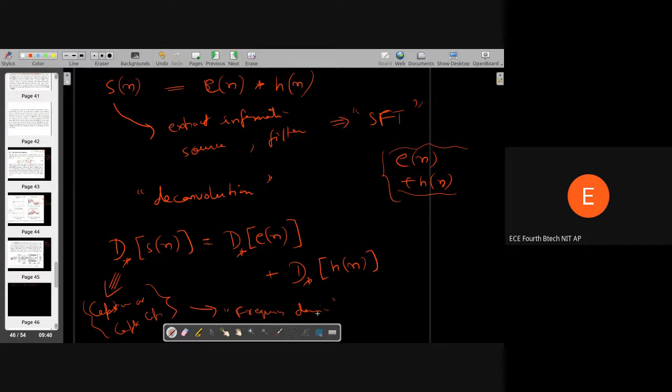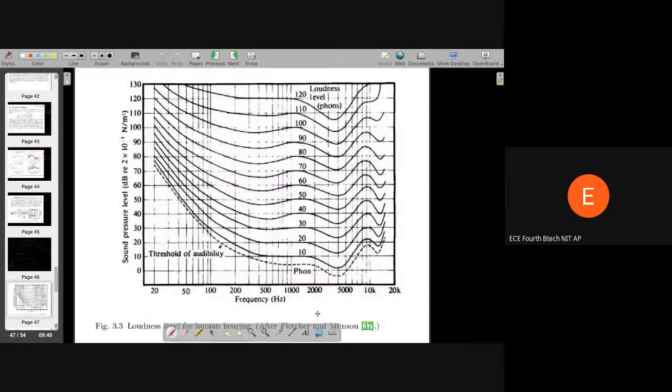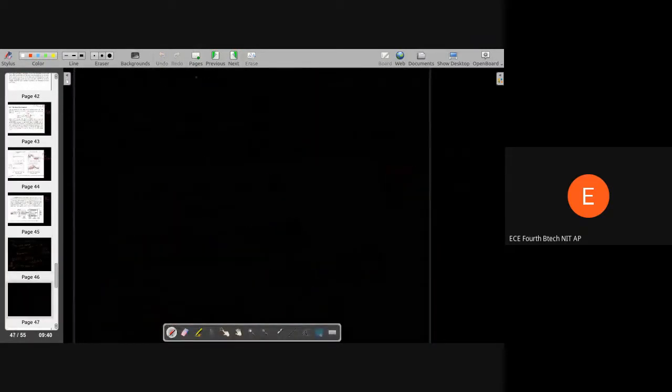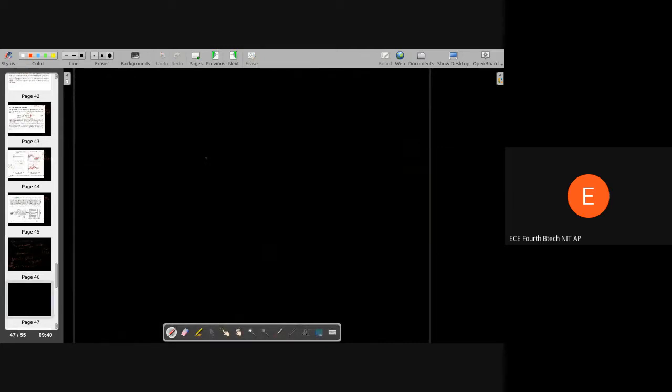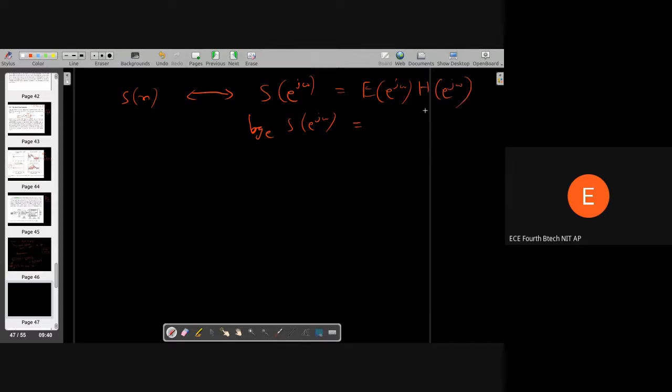So what we have is S of n, S of e to the power j omega. If we take the log, we know that S of e to the power j omega is E of e to the power j omega times H of e to the power j omega, according to source filter theory, and it is multiplicative.